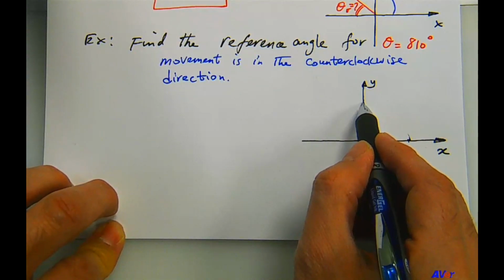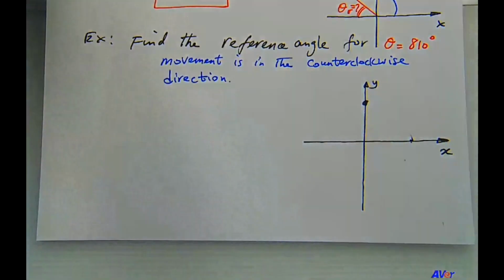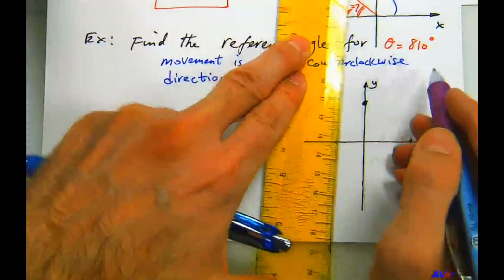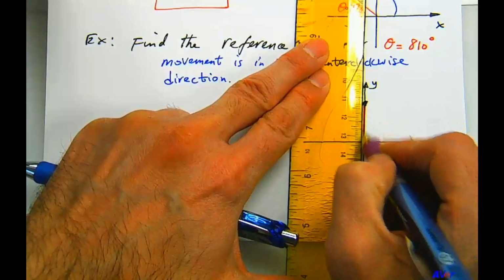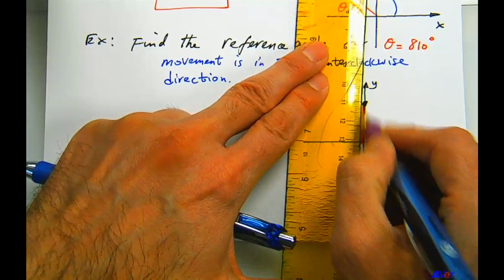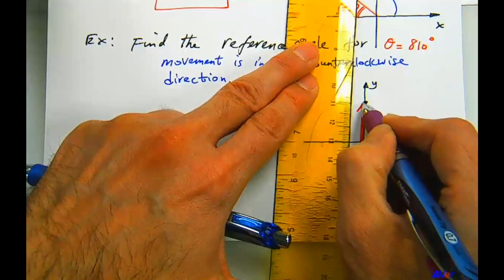So we are on the y-axis. That's where the terminal side is going to be. The terminal side of this positive 810 degrees is going to fall right along the positive y-axis.